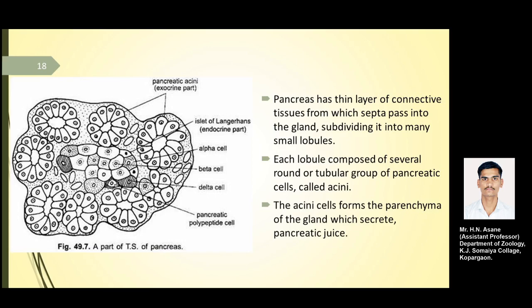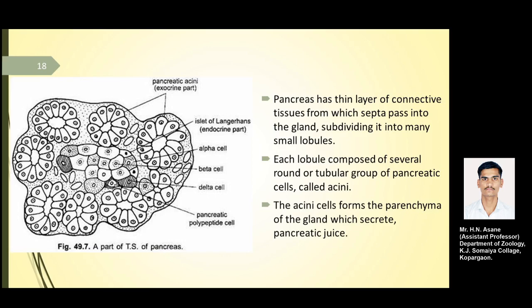The pancreatic acini, situated at the periphery, are the exocrine part of this particular pancreas. The acini cells form the parenchyma of the gland, which secretes the pancreatic juice.